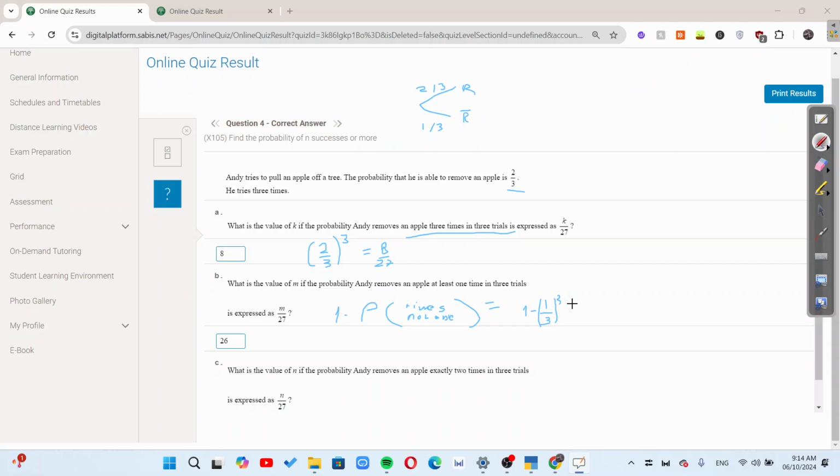And then I'm gonna make the 1 a fraction, 27 over 27, minus 1 over 27, because that's your 1/3 cubed. You get 26 over 27.